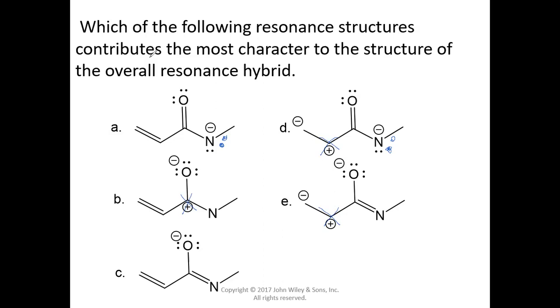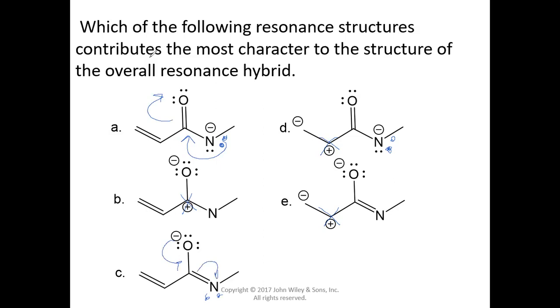Next, when I think about this, between A and C, every atom has a full octet. The only difference is that when I draw my resonance, this lone pair goes to here to form a double bond, and this goes up there, right? And it's the same idea where there's still a lone pair here. So this would come down, and then this would go there.